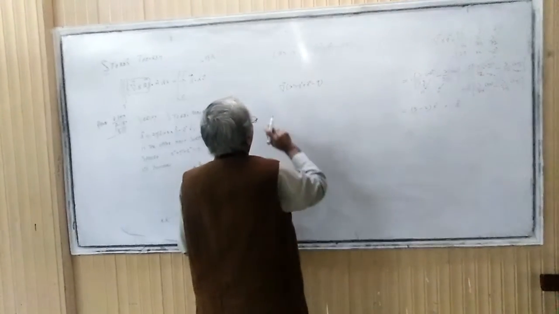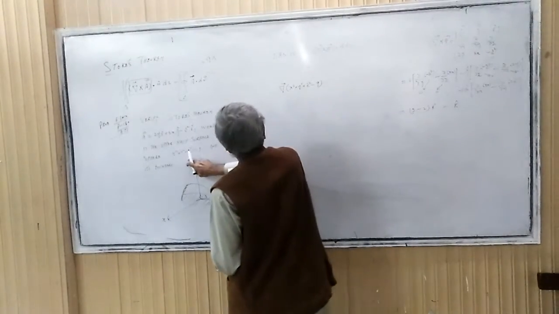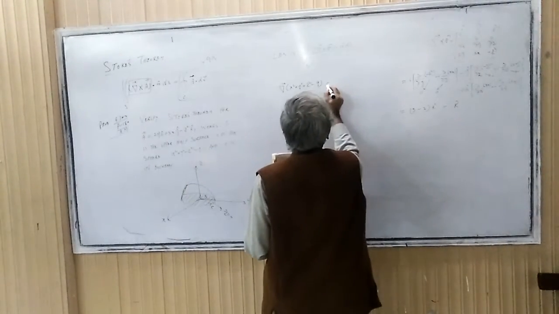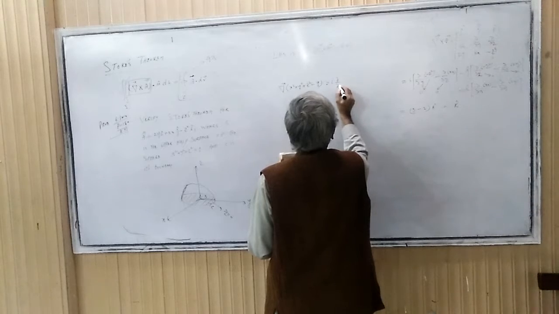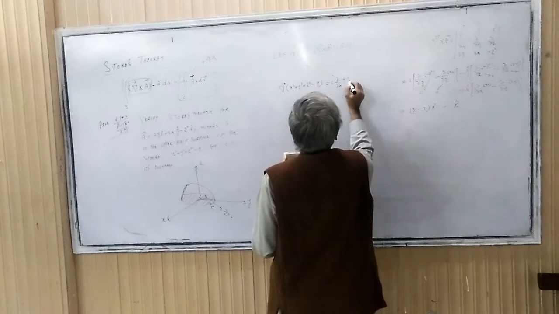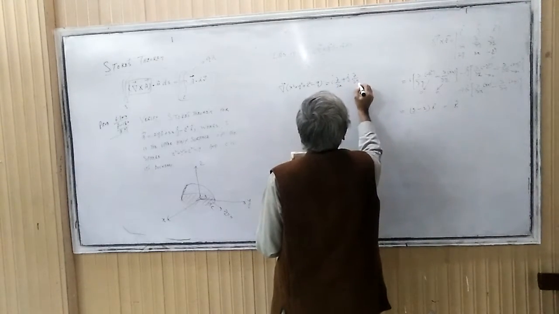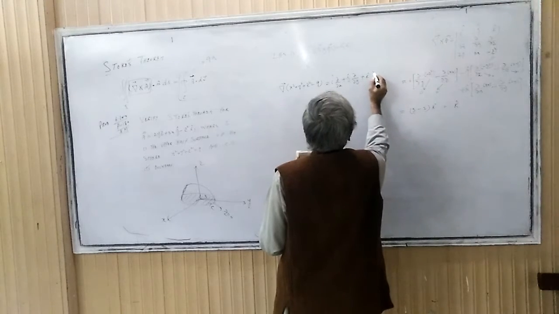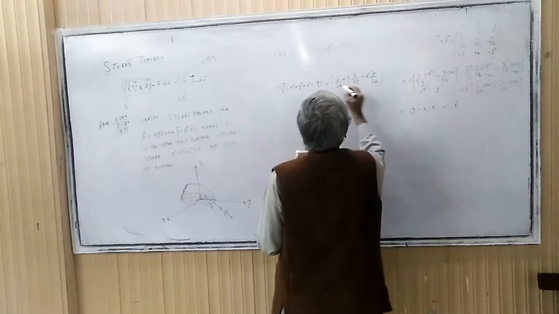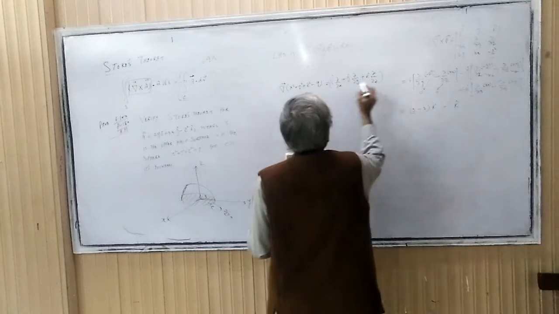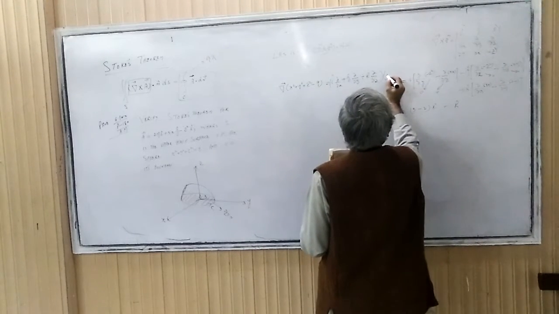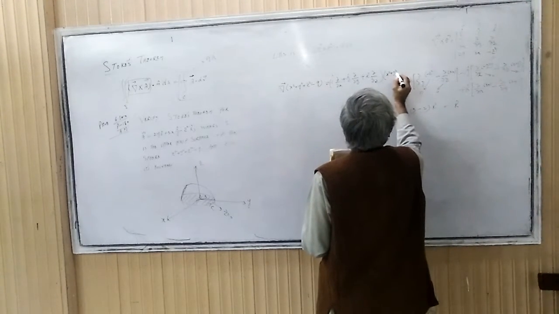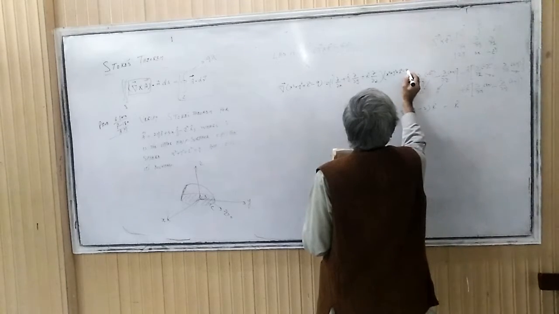A normal to the surface is the gradient of this quantity, that is i delta over delta x plus j delta over delta y plus k delta over delta z, of x square plus y square plus z square minus 9.